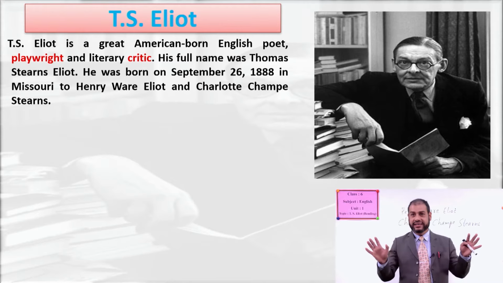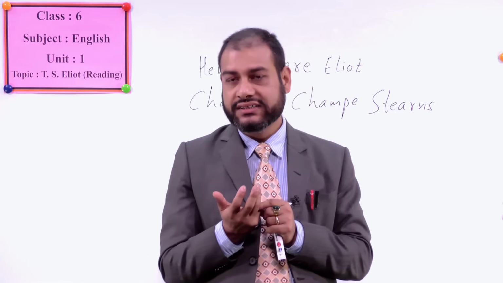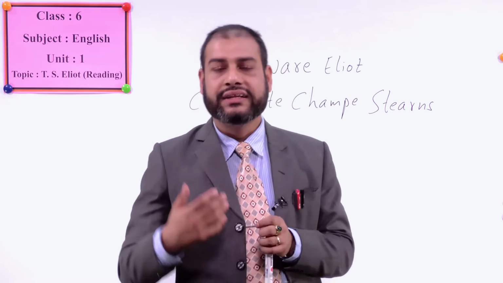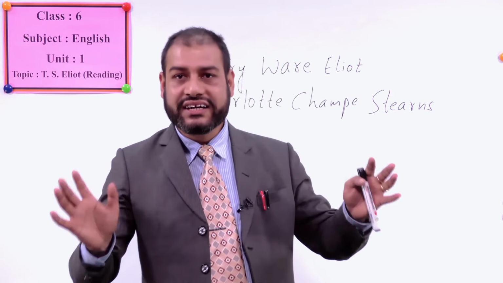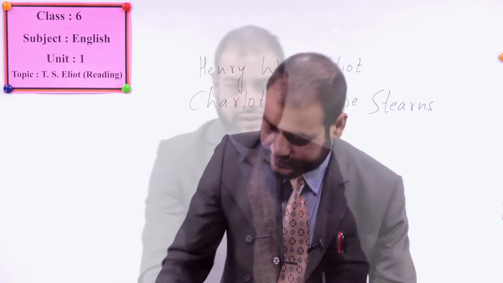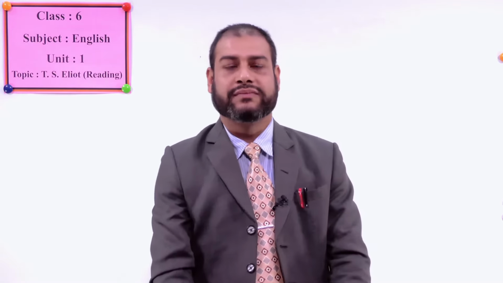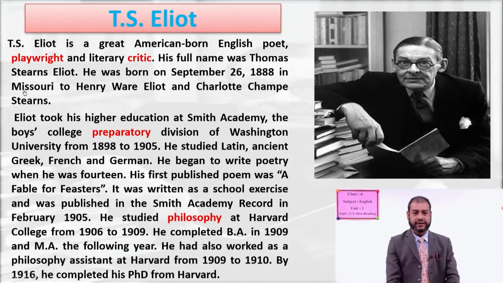Okay, is it clear? So you know who T.S. Eliot was, you know where he was born, you know when he was born, then you know his parents' names. Okay, is that clear, all of you? Very good. Then we have another paragraph about him. So listen to me and try to read with me.